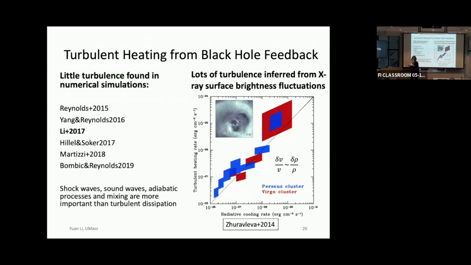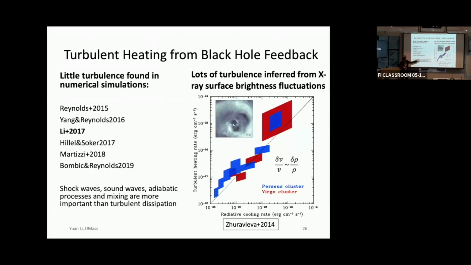And the observers said, well, if we can translate the surface brightness fluctuations to a density fluctuation, and then translate that to a velocity fluctuation, then we can infer a level of turbulence. And then we can infer a level of turbulent heating. And the inferred level of turbulent heating can perfectly balance radiative cooling in two nearby galaxy clusters.